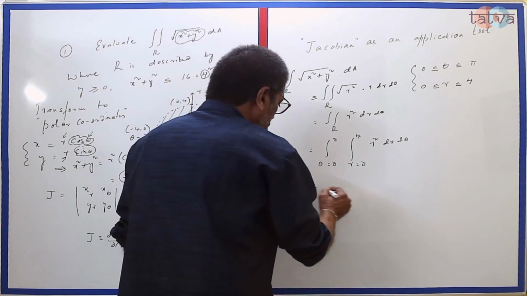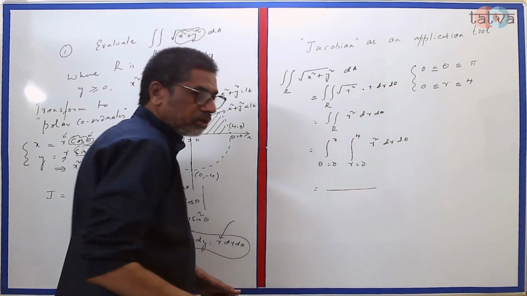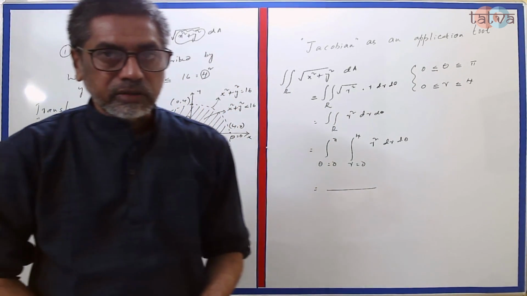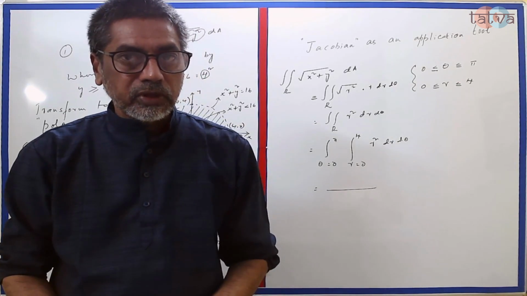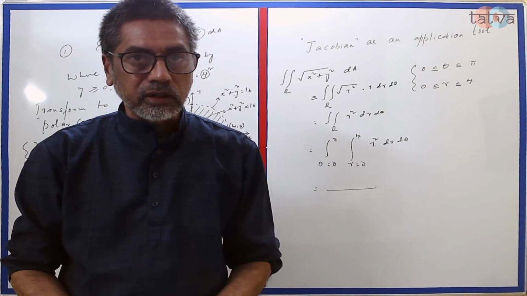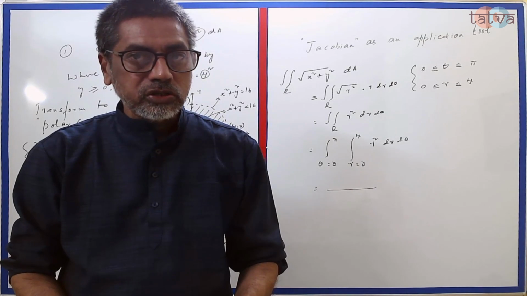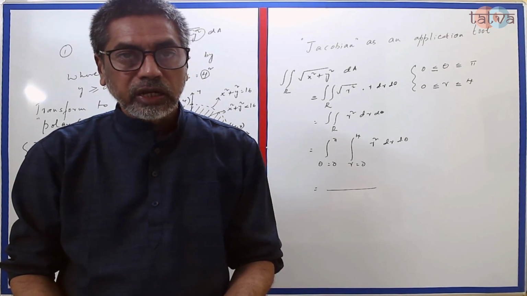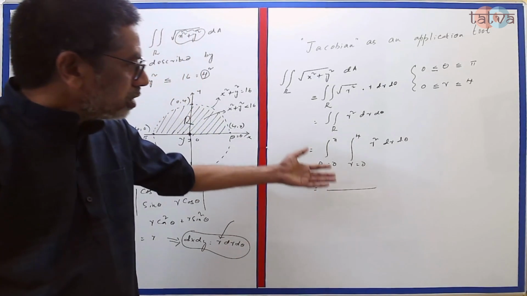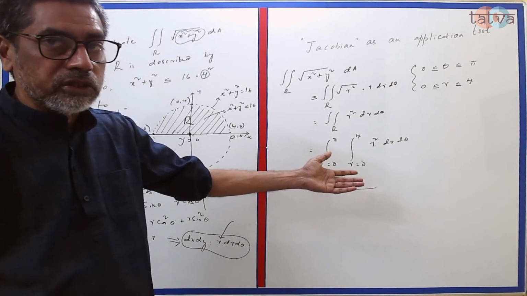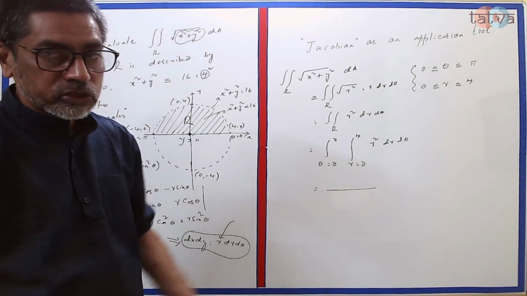I'm not going to evaluate this because there's already a lecture dedicated to this. What is the purpose of this lecture? How does the Jacobian enter into your calculations when you use new variables in a double integration or in a triple integration? So anyone with the bare minimum knowledge of integration can complete this question.